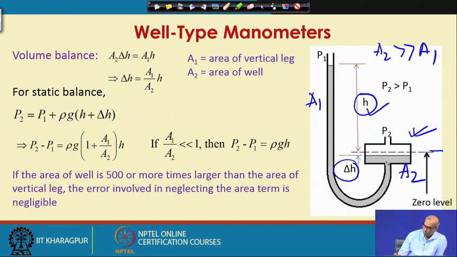So, the amount of mercury that has been pushed down in the well has only gone up in the vertical leg. So, I can write A2 times delta H, which is the volume of the mercury that has gone down in the well, is equal to A1 H, which is the amount of mercury that is contained in this length.